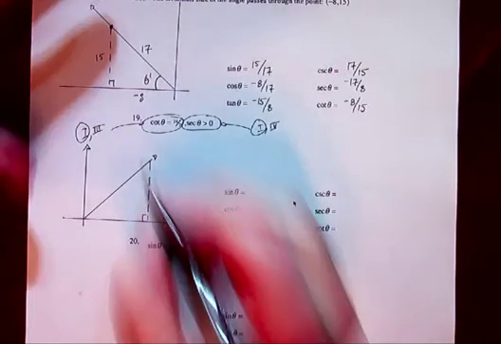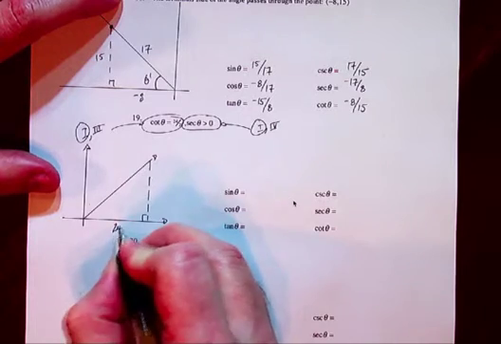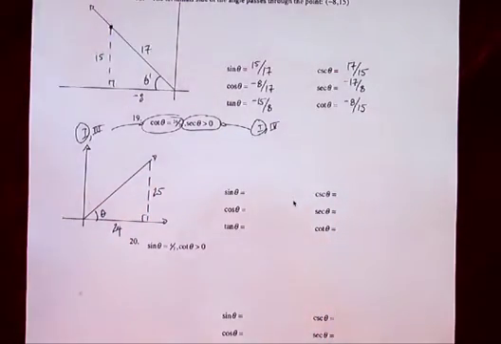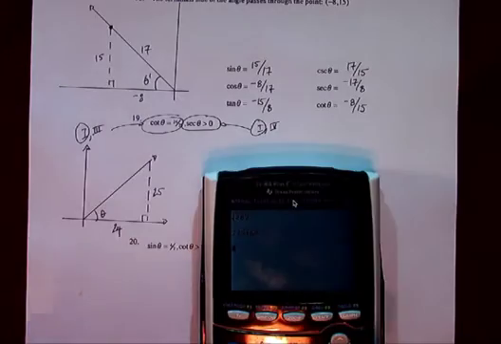Okay, so cotangent is going to be adjacent, right? There's my theta, over opposite. Now, 24 squared is 576. 25 squared is 625. And so it's actually going to be, if I'm not mistaken, 1201.